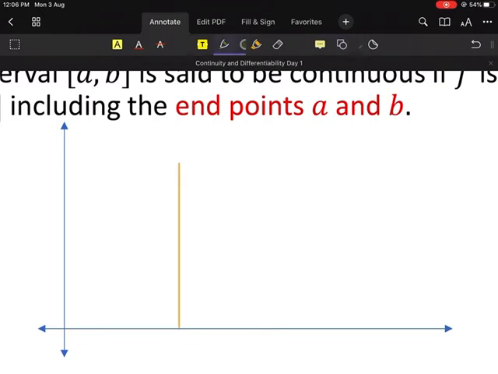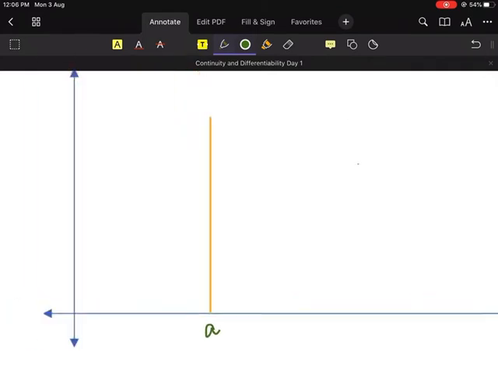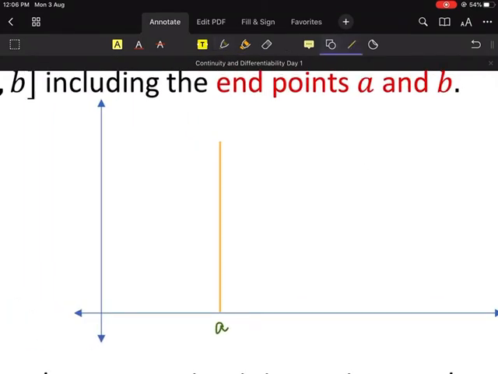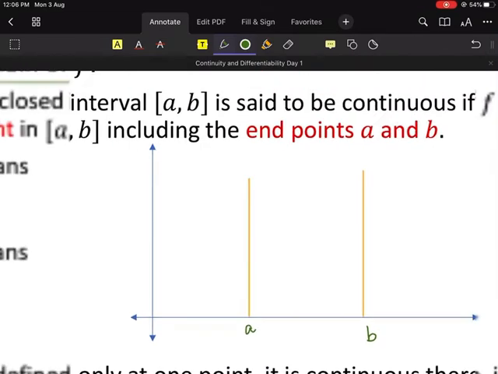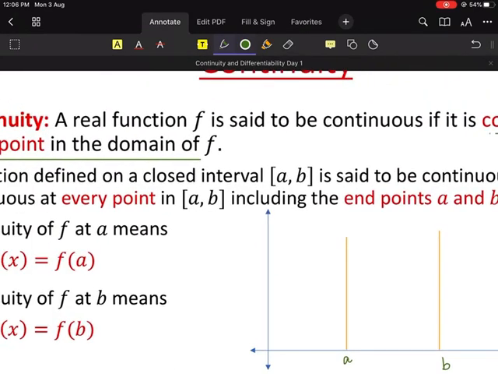Let me do it. First thing, there is a point A. So here we have a point A. Okay, clear? And there is a point B. Now there is a function within this A and B. Listen carefully.